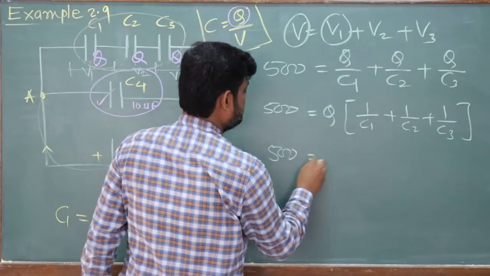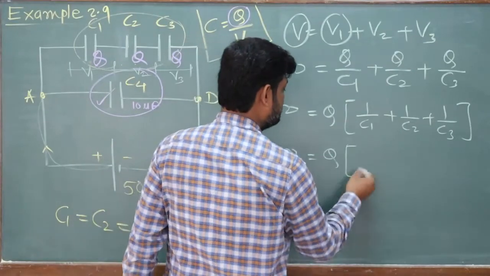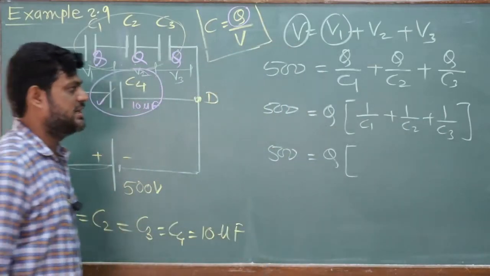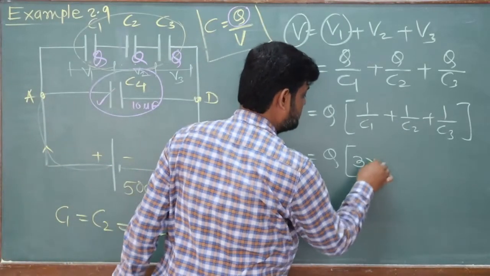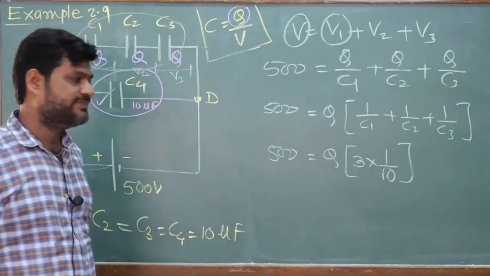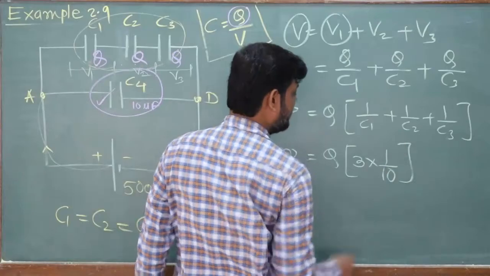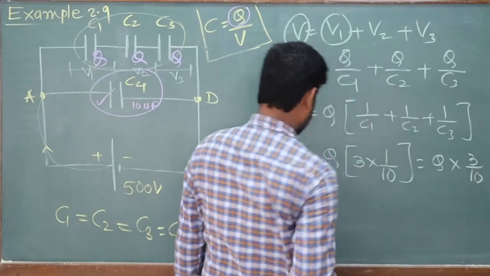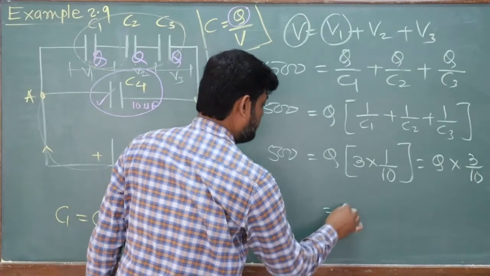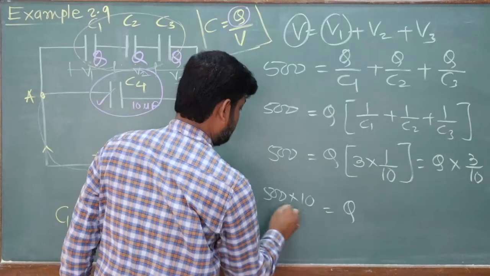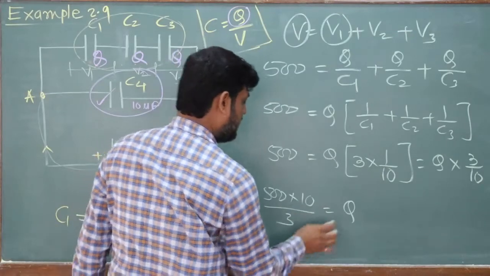C1, C2, C3 are the same, so we can write 3 times 1 by 10 microfarad, so 3 by 10. So Q into 3 by 10, and the answer will be Q equal to 500 multiplied by 10 divided by 3.